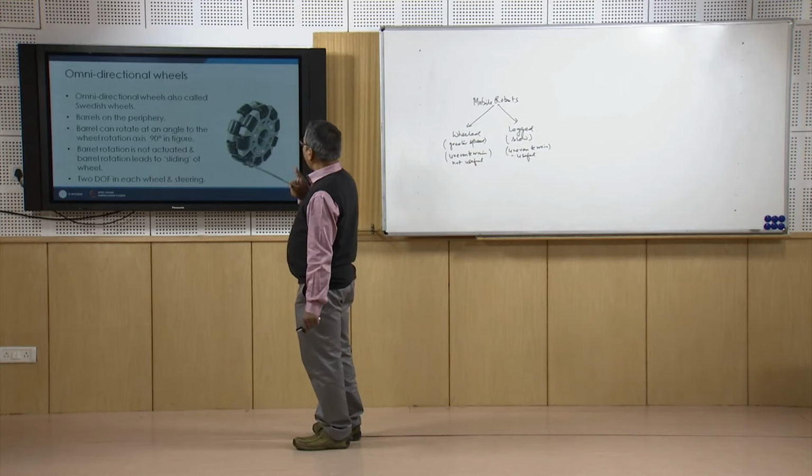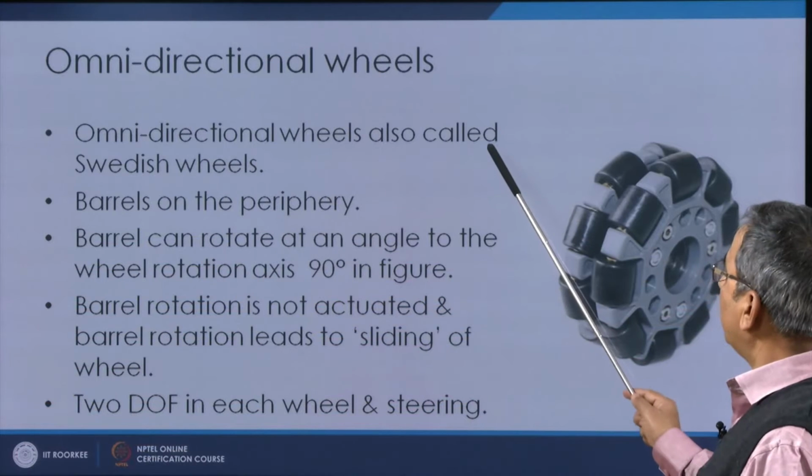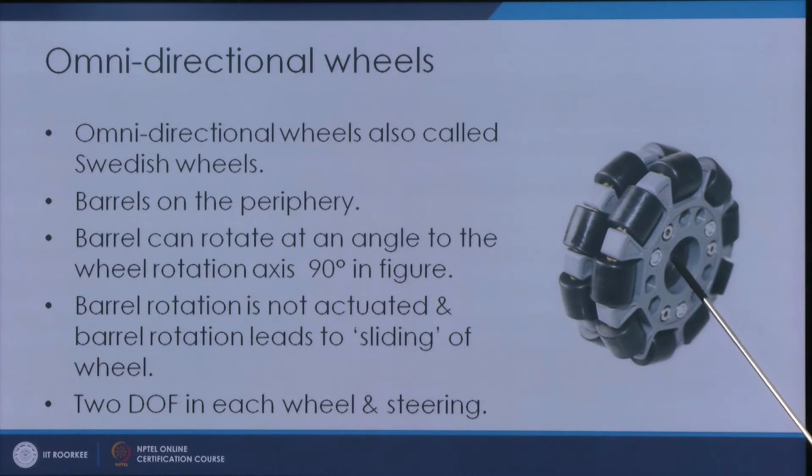Next is the omnidirectional wheels. As you can see in this figure, these wheels are also called Swedish wheels, and in these wheels you can see that there are barrels in the periphery. Okay. And because of these barrels, these wheels are able to slide in the lateral direction also. Here is the axis of the shaft which passes through this hole, and the wheel turns about that axis.